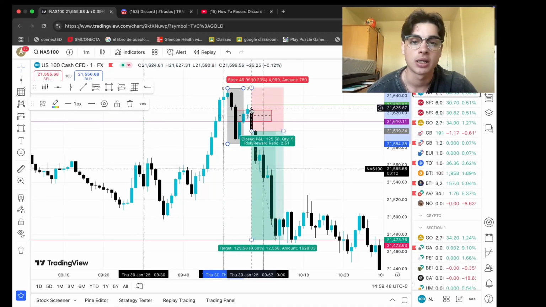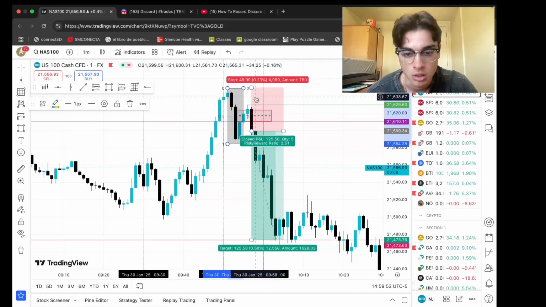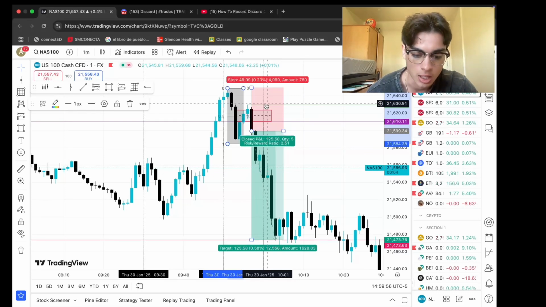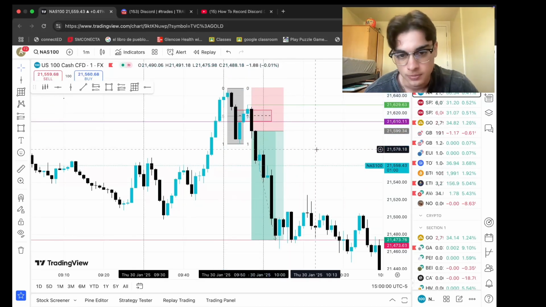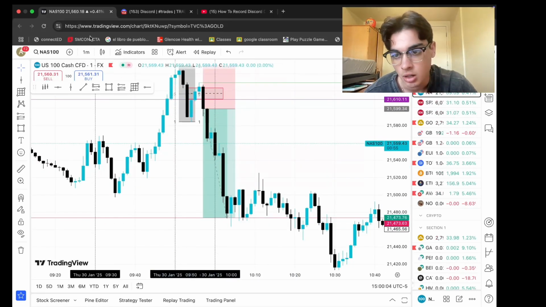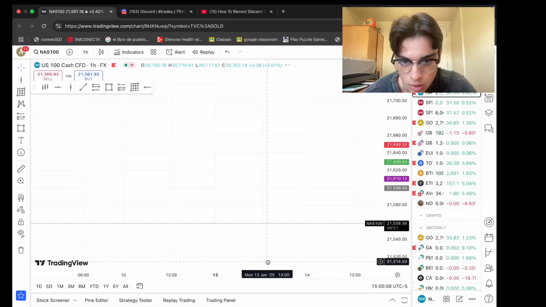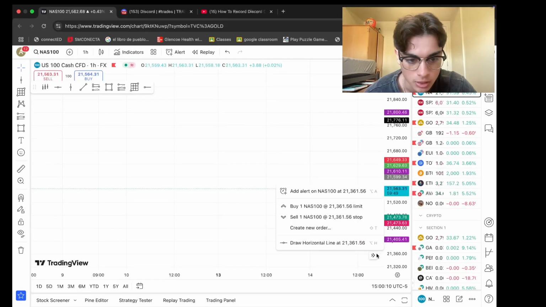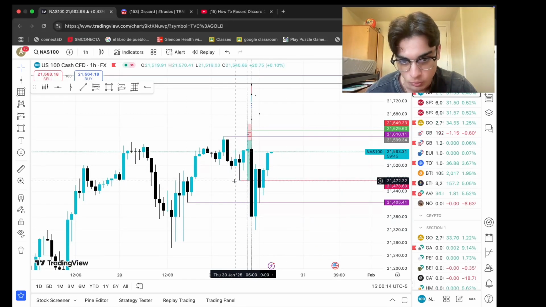And then I waited for a continuation candle down, which was my last and final confluence, number five. And here I entered, and I aimed for my take profits on the hourly lows, which is this red line right here.